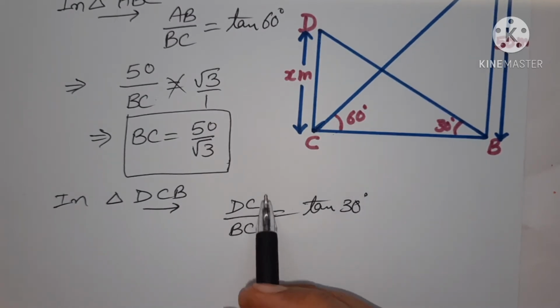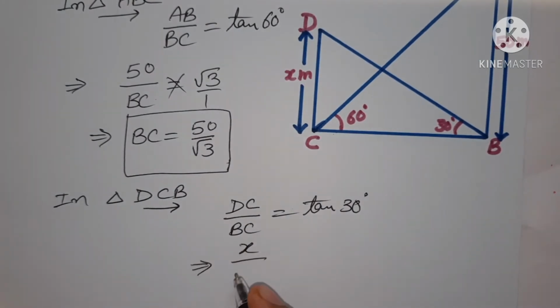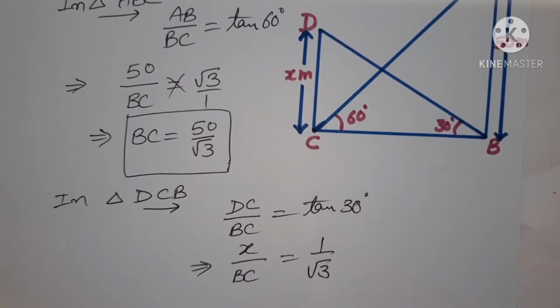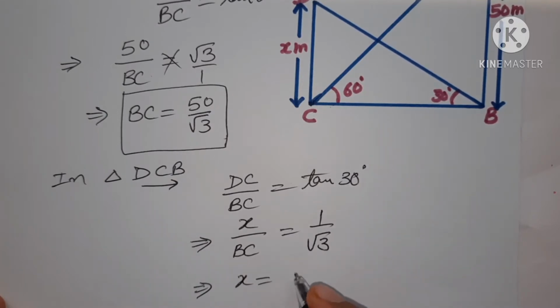DC we considered as X meters. So tan 30 degrees is X upon BC, and tan 30 degrees is 1 upon √3. So from here you can write X is equal to BC upon √3.